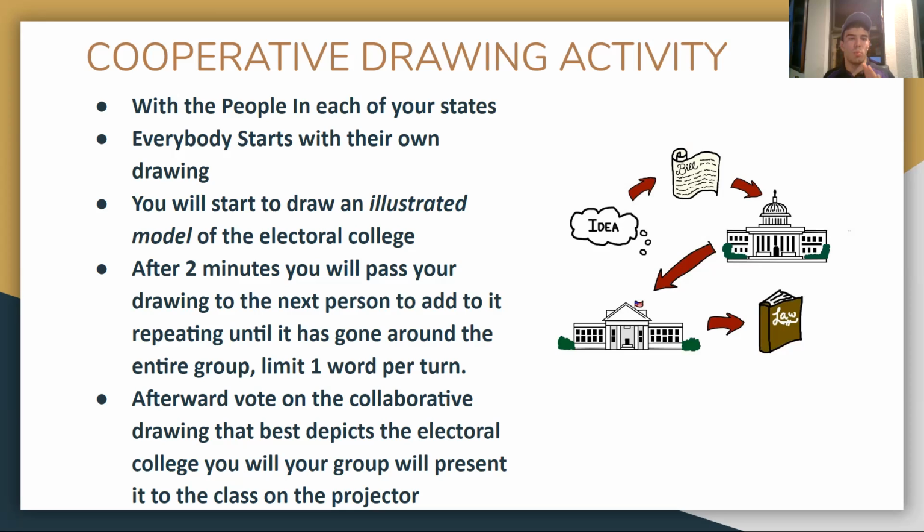After 2 minutes, you will pass your drawing to the next person to add to it, repeating until it has gone around the entire group. Limit 1 word per turn. Afterward, vote on the collaborative drawing that best depicts the Electoral College. Your group will present it to the class on the projector, whichever one you pick ended up representing it. All right, let's go, guys.